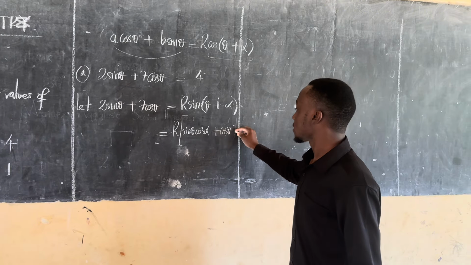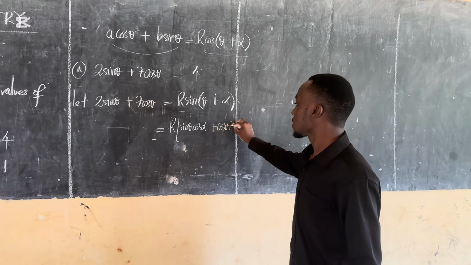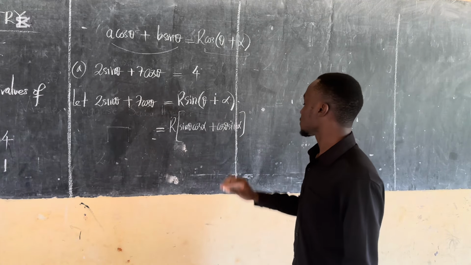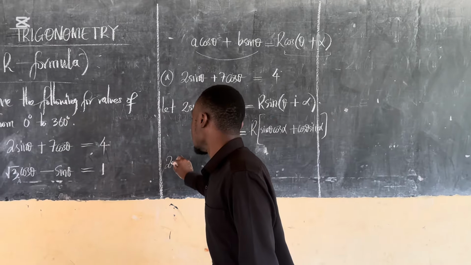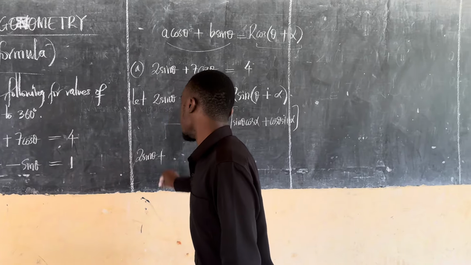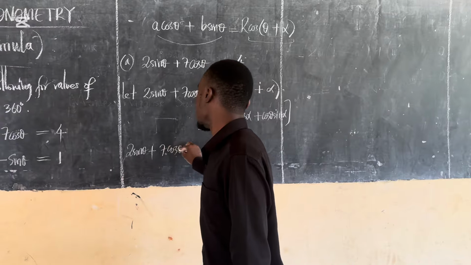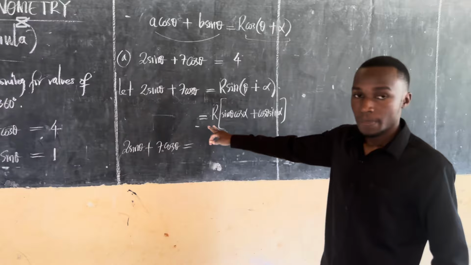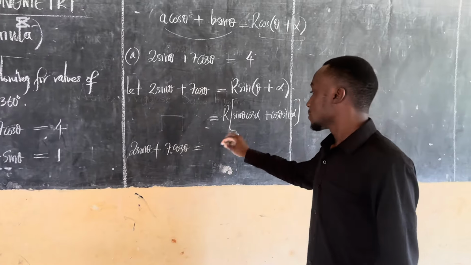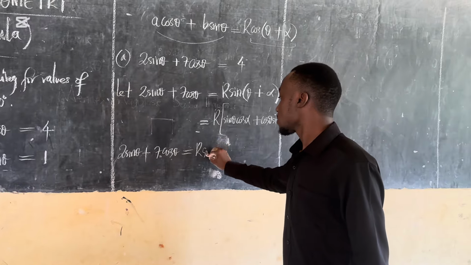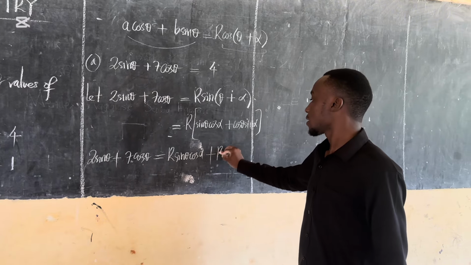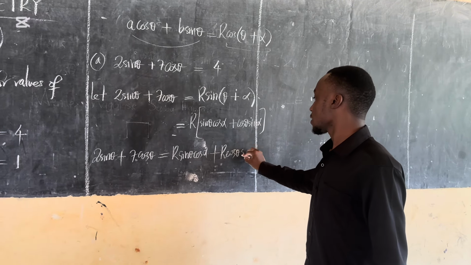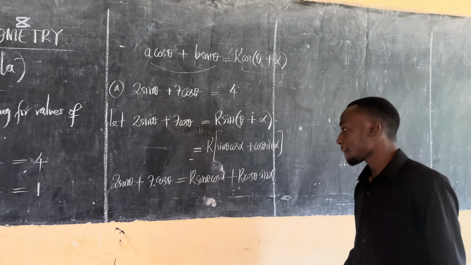Cos theta sine alpha. So after this, we can write this 2 sine theta plus 7 cos theta is now equal to, I make this R enter, so it becomes R sine theta cos alpha plus R cos theta sine alpha.